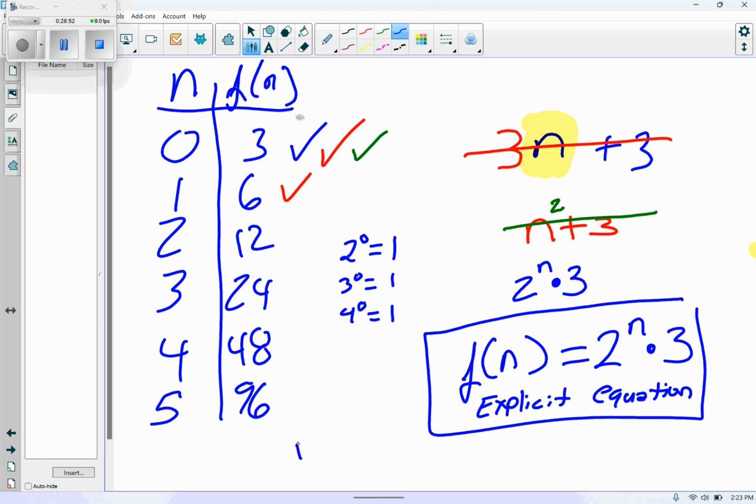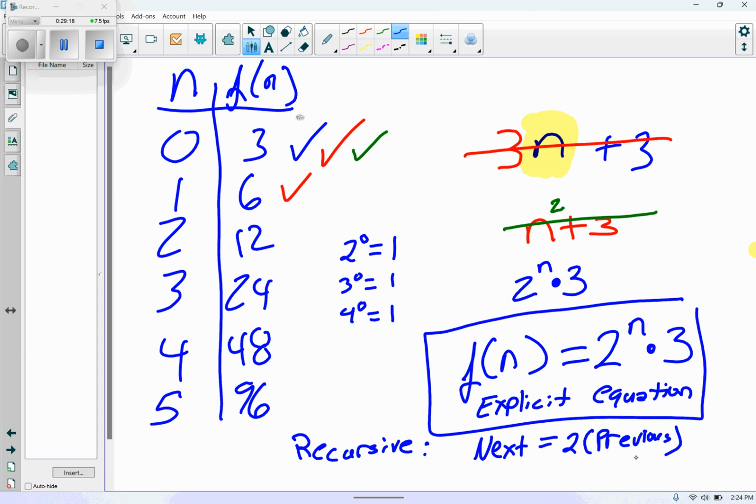The recursive. We're going to call this right now next equals 2 times the previous. Okay?